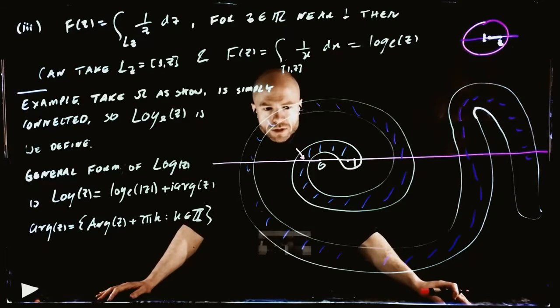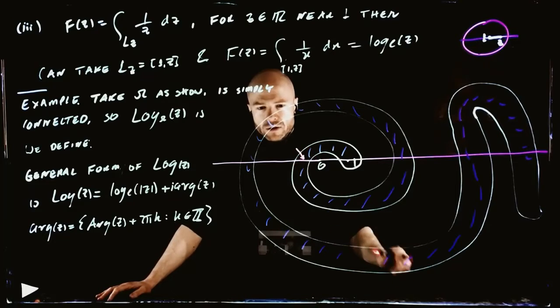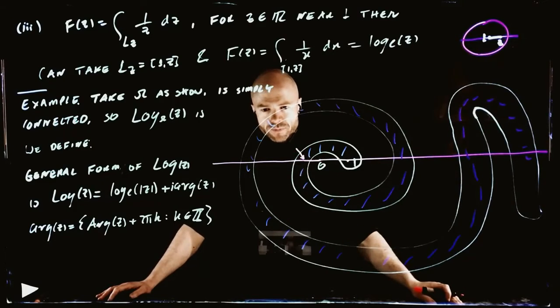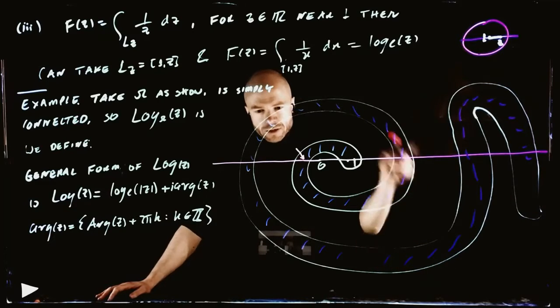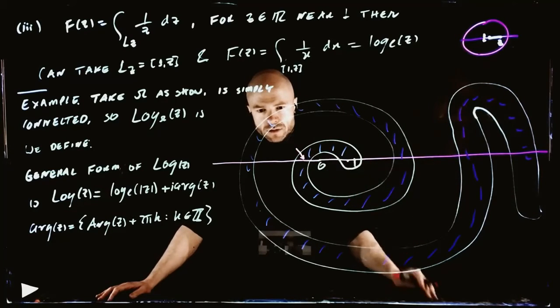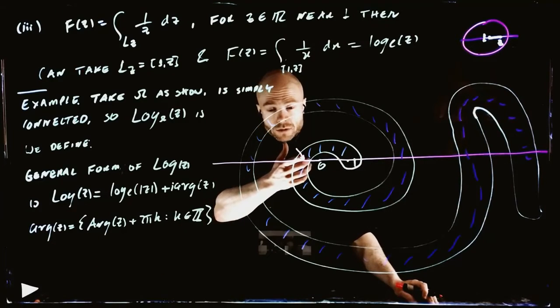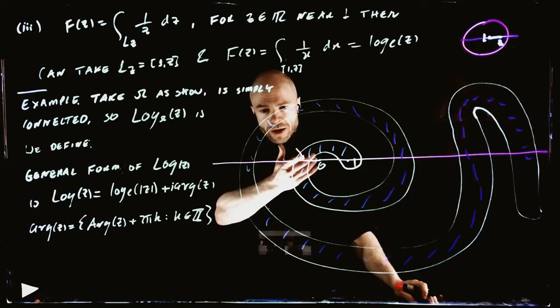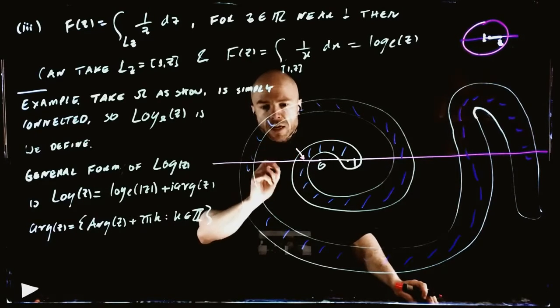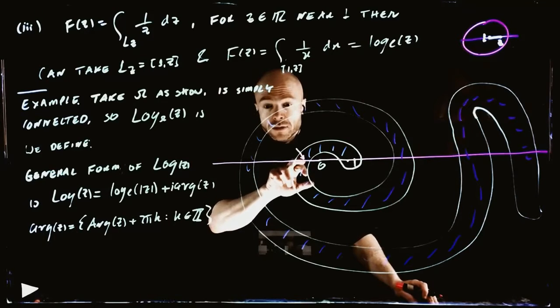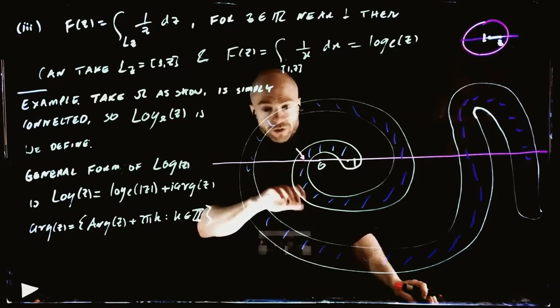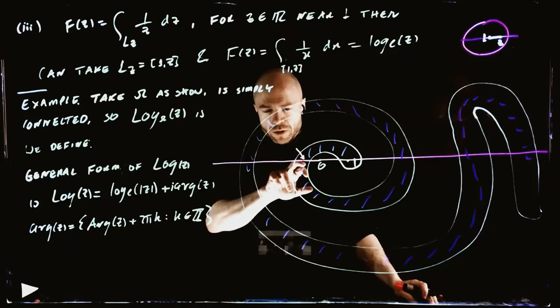What is the argument of a complex number around here? It's pi, because we're going anti-clockwise. So it has to be something very close to pi as we approach this line. Previously we had to be careful, because on this line we had a singularity, but now we don't. So when we're on the line, it is still perfectly fine. It's a holomorphic function, it's continuous, therefore it actually has to be equal to pi on the line.